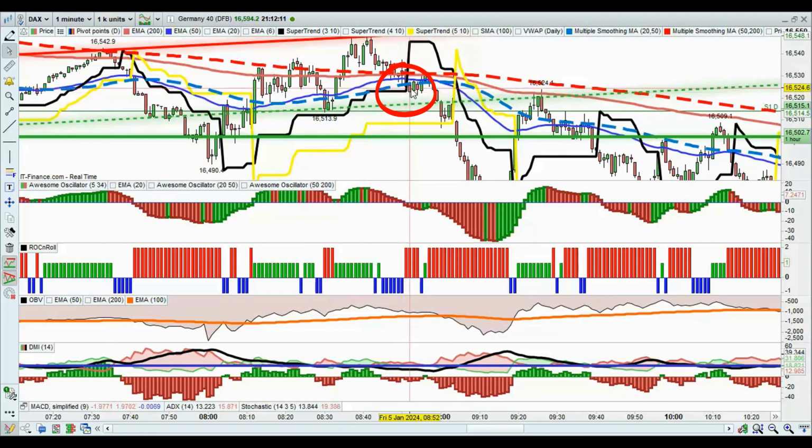It's crossed through Supertrend here, and again what we are looking for is all our ducks in a row. We can see that the awesome oscillator crossed below the zero line on this 1 minute chart. Price comes down through Supertrend 310, and this is below the zero line.